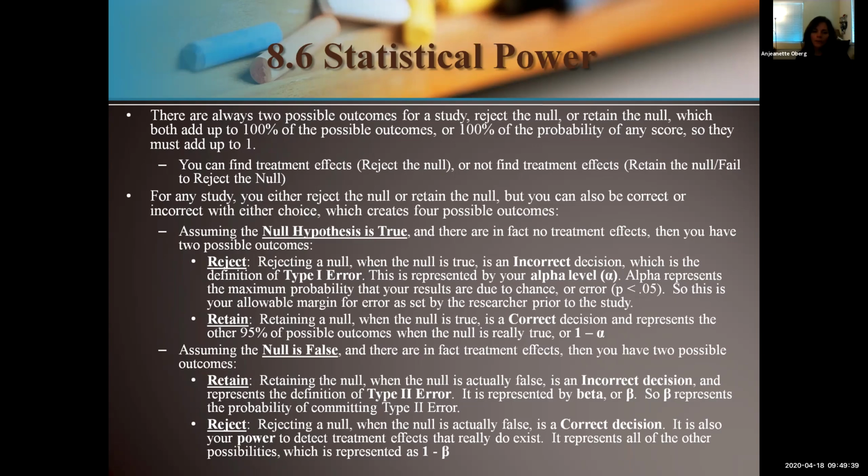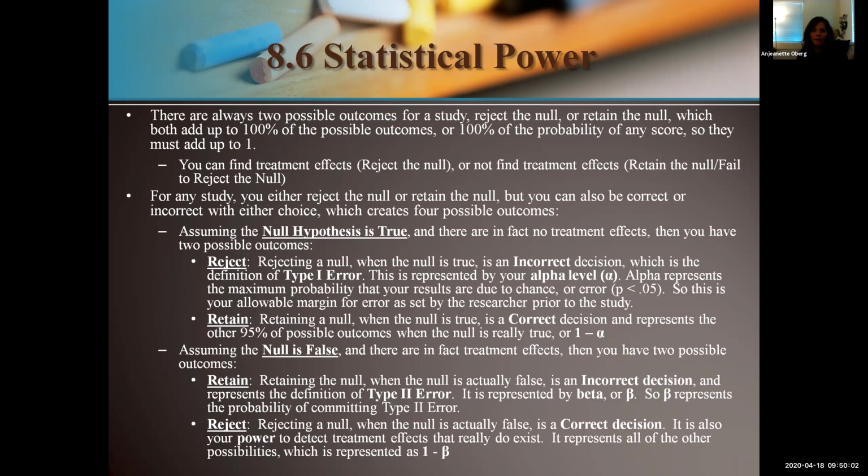So when we talk about the null hypothesis being true, right? If we reject the null when in fact it was true, we committed type 1 error. That is by definition type 1 error. Rejecting the null and saying there are differences when they were really not. So it was incorrect, and we call that our alpha level.